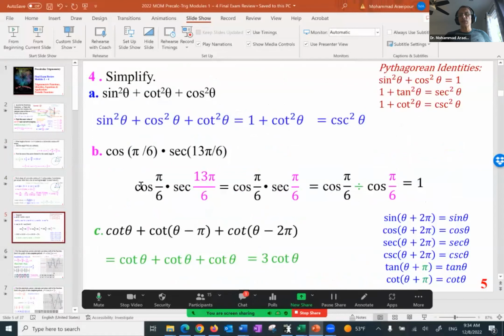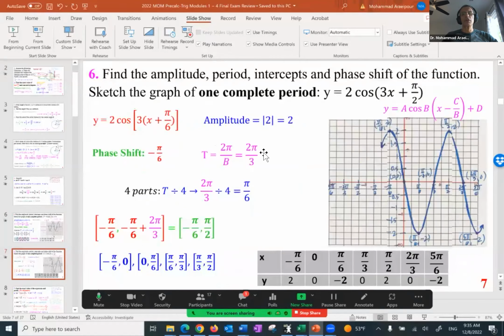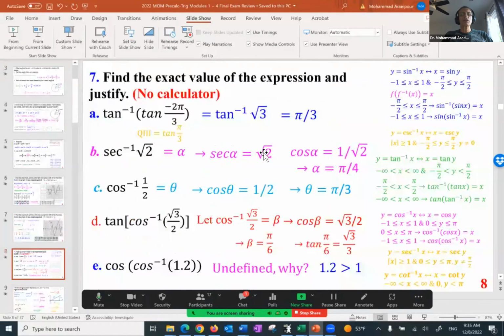Using identities such as Pythagorean identities, and the fact that sinusoidal functions are all periodic functions, we simplified trigonometric expressions, and graphed sinusoidal functions, trigonometric functions such as sine and cosine functions, and others.